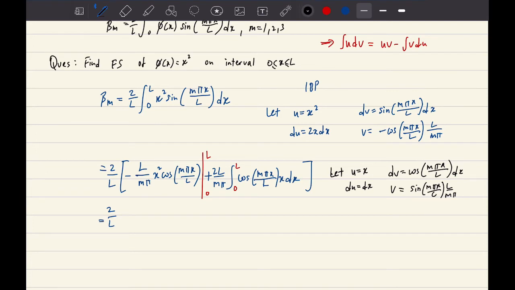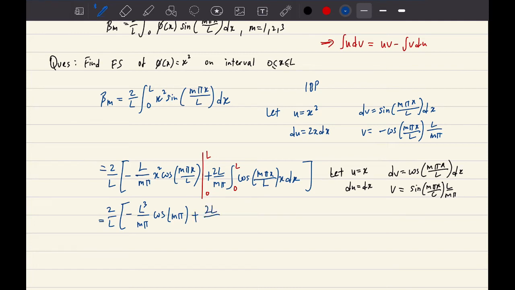If we plug in 0 into x, this whole term becomes 0, so we don't need to worry about that. We just need to worry about the L. That will become L cubed on m pi cos of m pi, since substituting L inside the cos gives m pi.